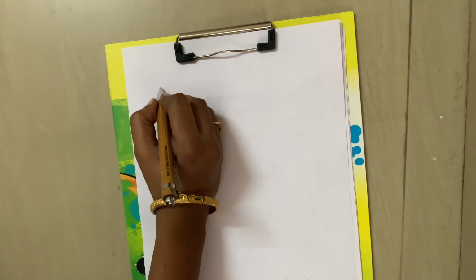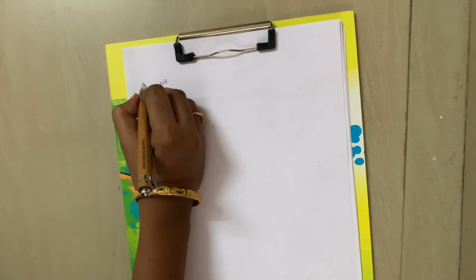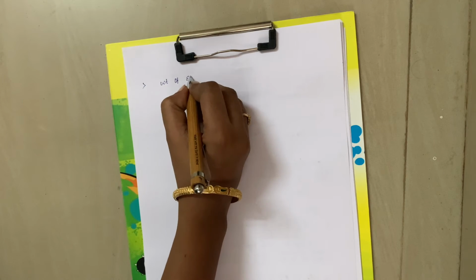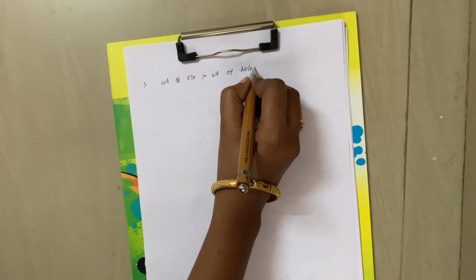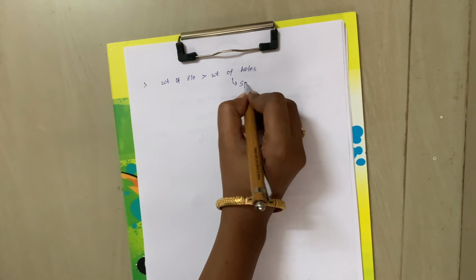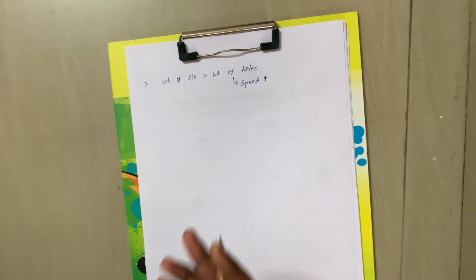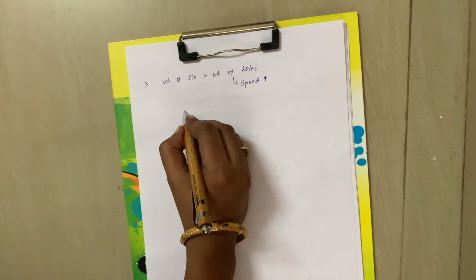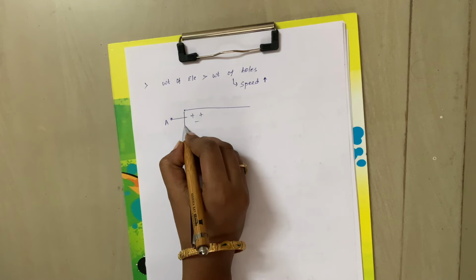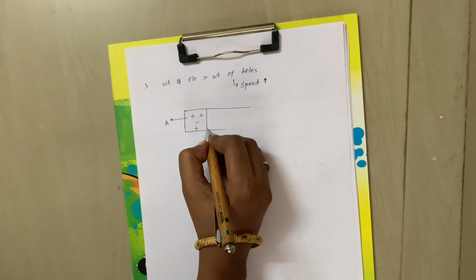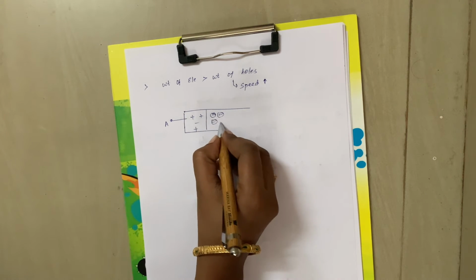We know the weight of electrons is greater than the weight of holes. Hence, the speed of holes will be comparatively higher because the weight is very much less, so it can move faster. So the speed of the hole is high compared to the electrons. So anode, and few are already recombined as neutral ion.